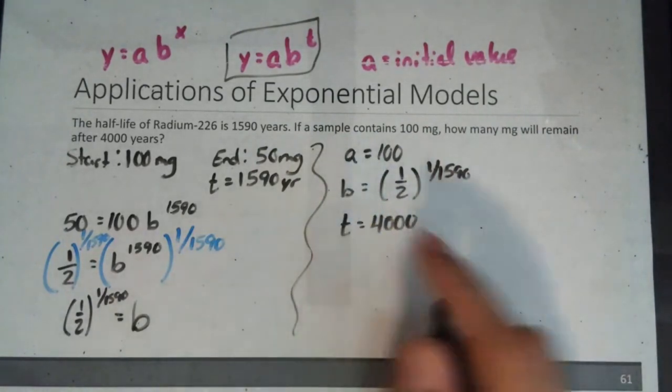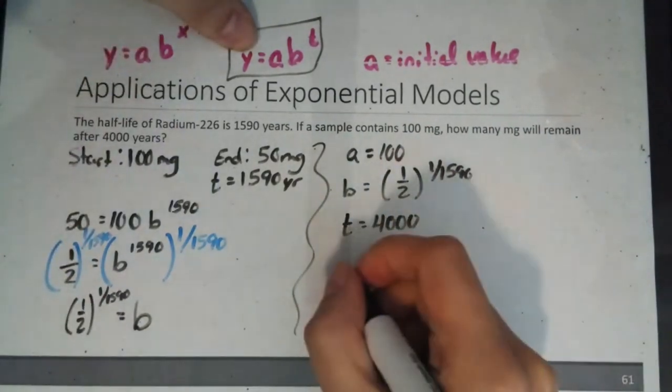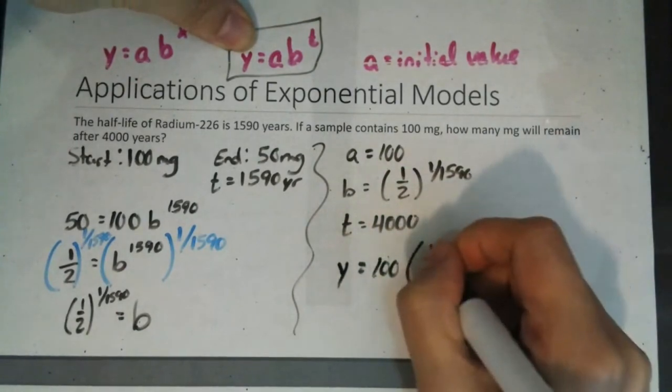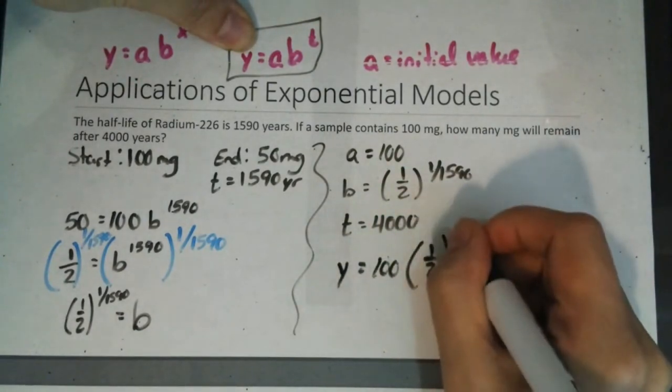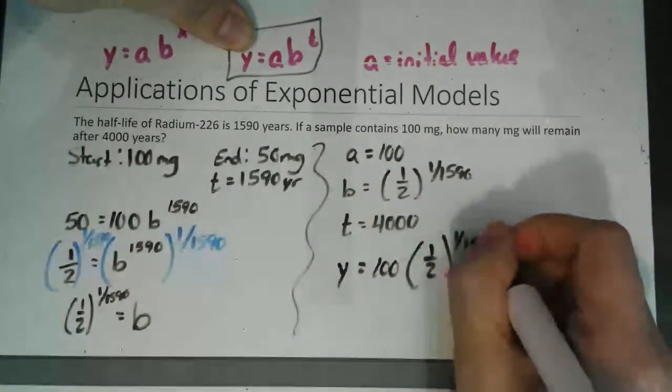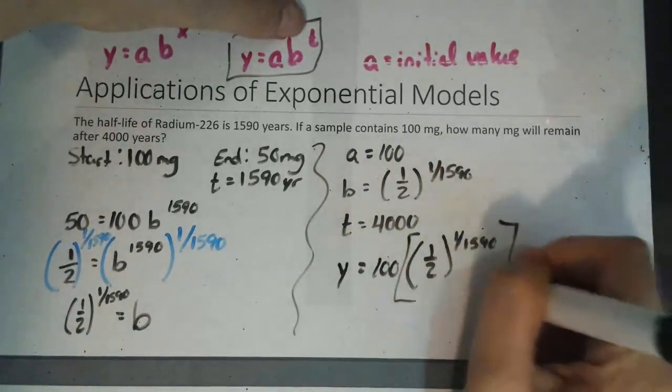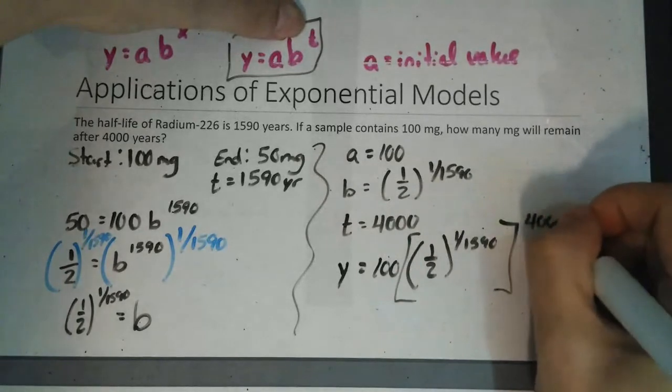So we have an a, b, and t value. We want to find y. So we get y is equal to 100 times 1/2 raised to the 1 over 1,590. And that is raised to 4,000 power.